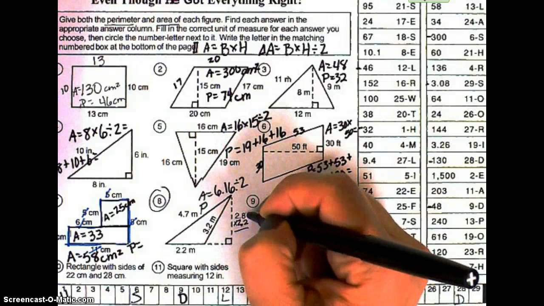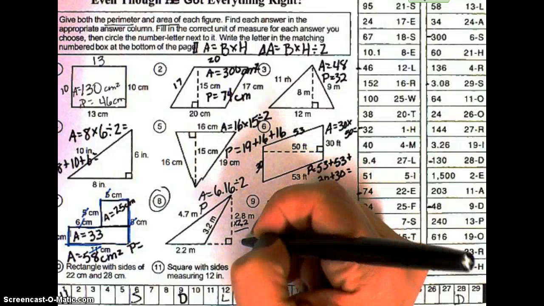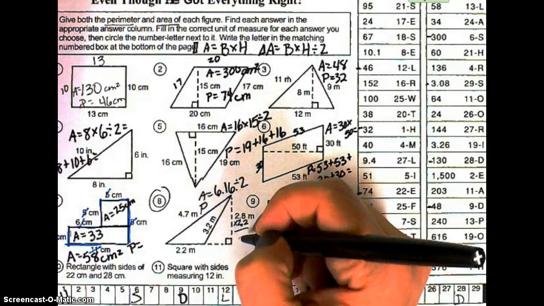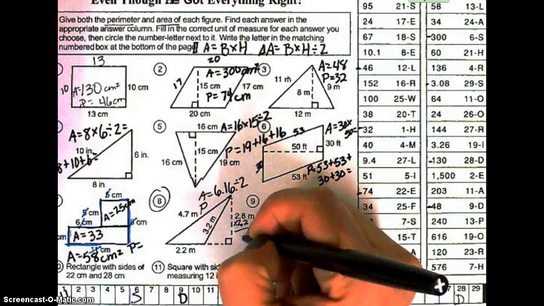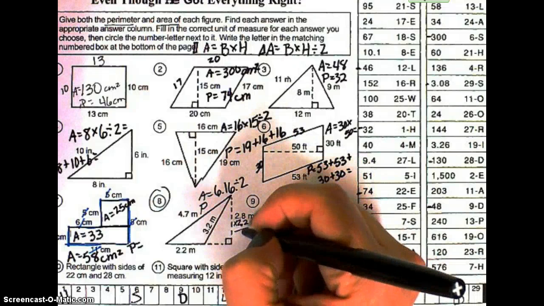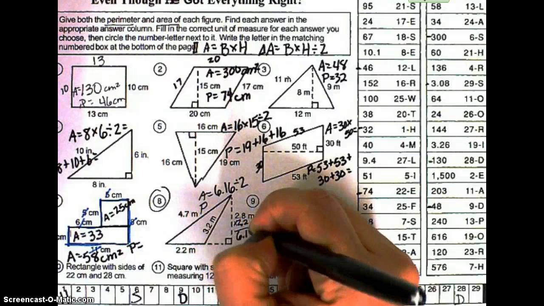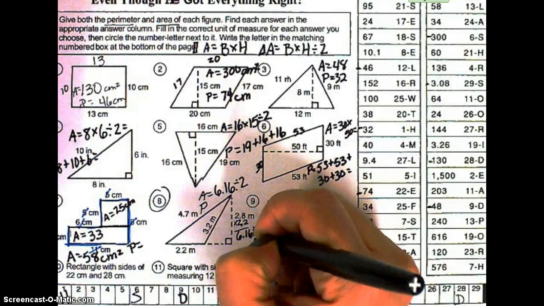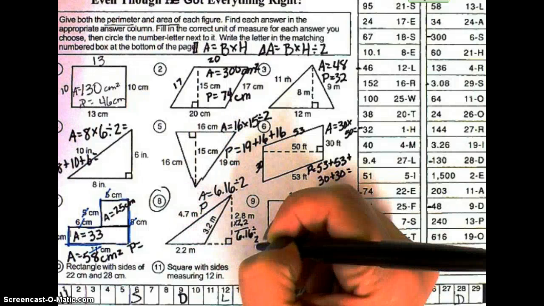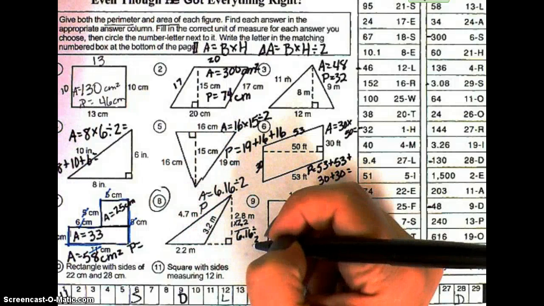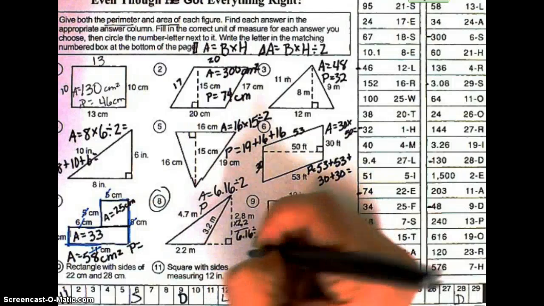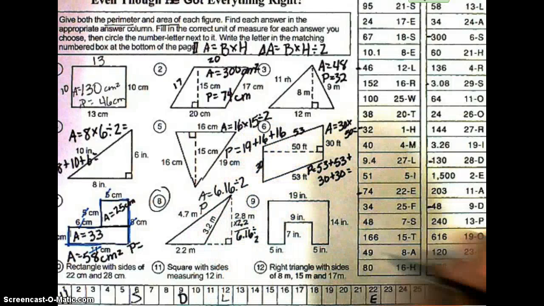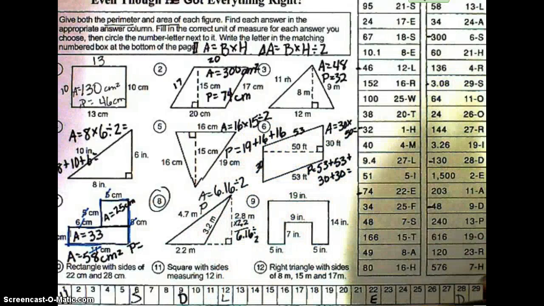So 2.2 times 2.8 we did in class, and we found out it was 6.16. But we need to do one more thing. We need to divide it here by 2. And so when we did 6.16 divided by 2, we found out it was 3.08, and we found that one already, and I think we even put it in.